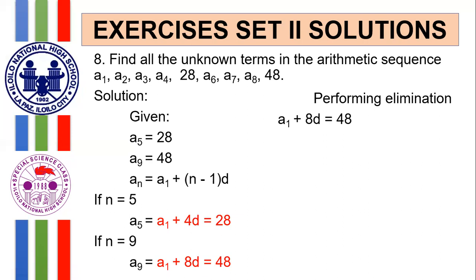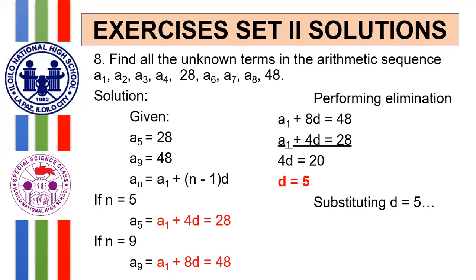So subtracting again the second by the first equation, the a sub 1 becomes 0. 8d minus 4d is 4d. 48 minus 28 is 20. Dividing both sides by 4, that gives you the common difference of d equals 5. From here, we could substitute d equals 5 either to the first or the second equation.